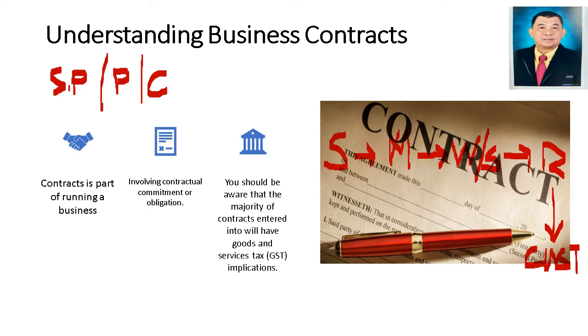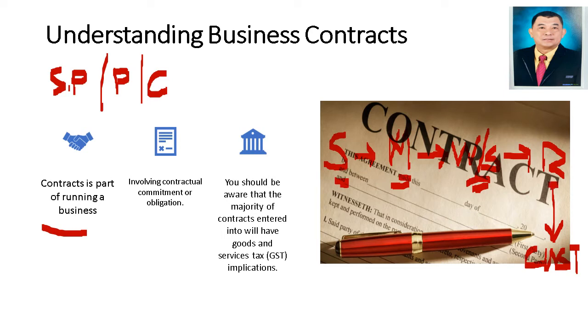So a contract is usually a part of the business. It involves contractual commitment or obligation. Examples are between supplier and manufacturer, or between manufacturer and wholesaler, or between wholesaler and retailer.